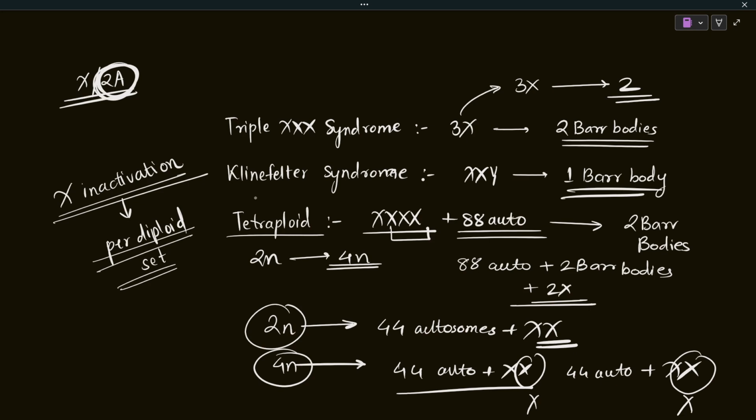Due to the false positive and negative cases in Klinefelter syndrome as well as in Turner syndrome, the idea of using the bar body in the Olympics to identify males and females was discarded. This was done only once, in 1965, only in that year. So this is all about the dosage compensation phenomena.